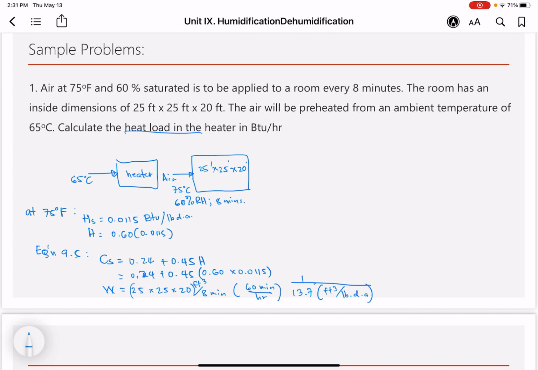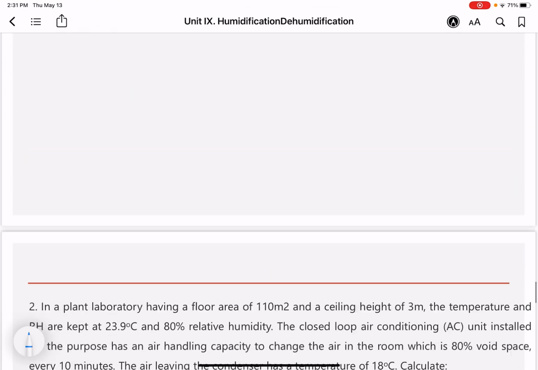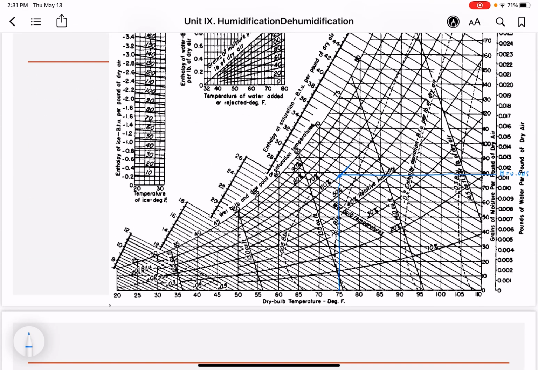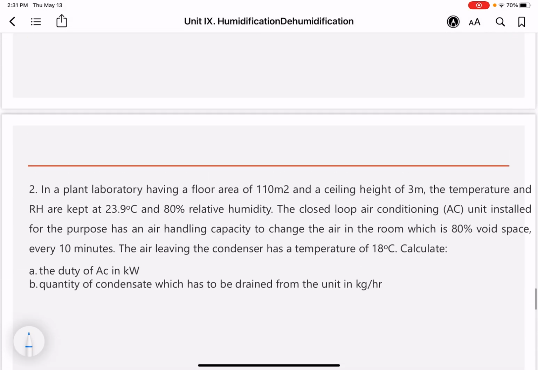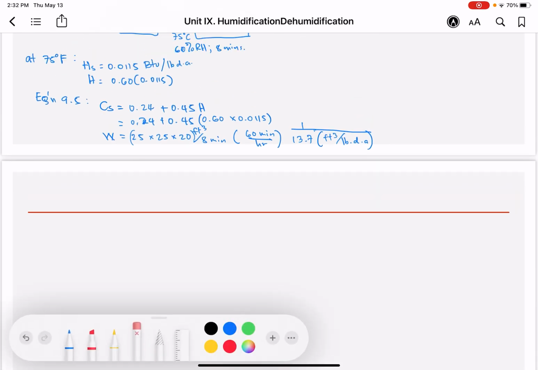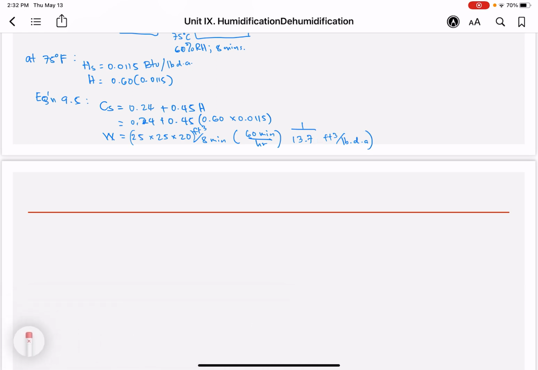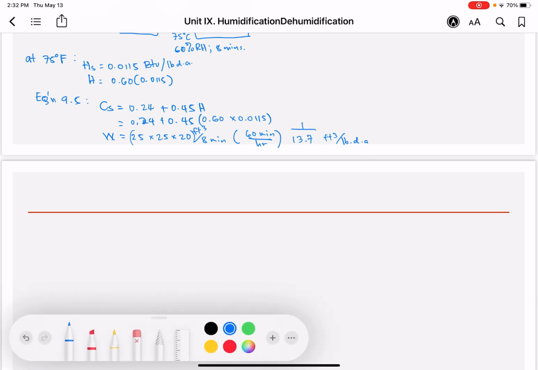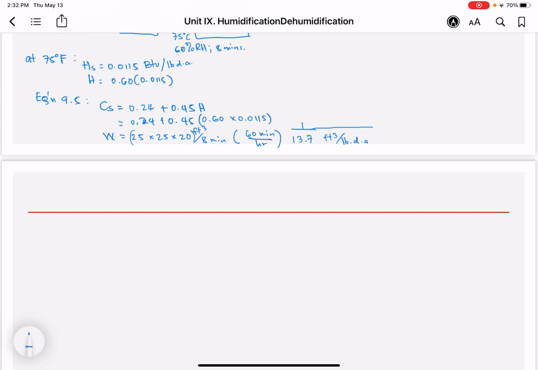The 13.7 is actually coming from, again, your specific volume at this point. If I project this, it is in between 13.5 and 14. So, we will put it at around 13.7 cubic feet per pound dry air.